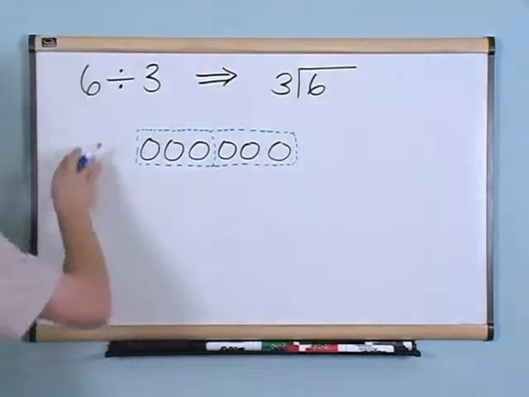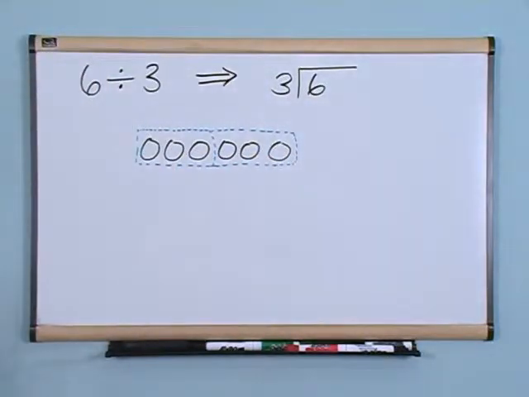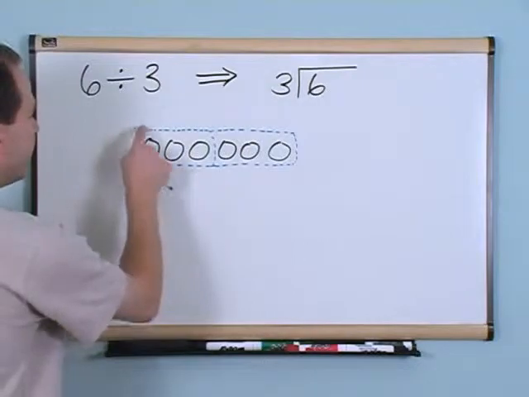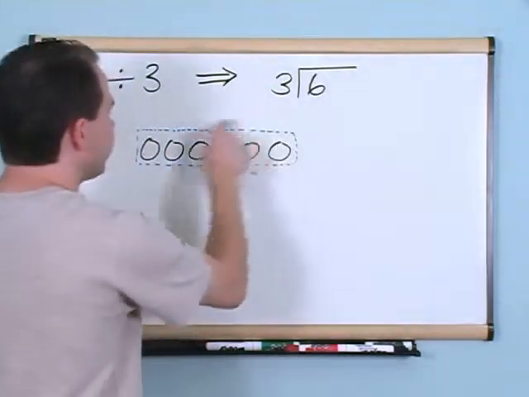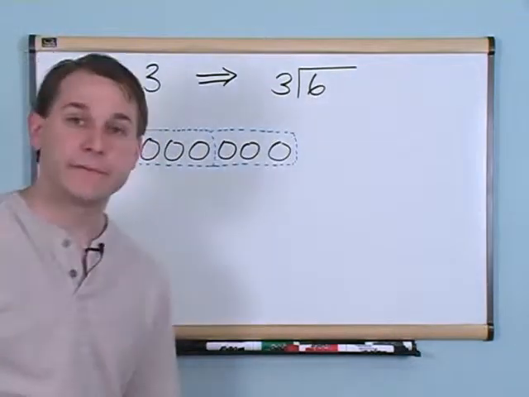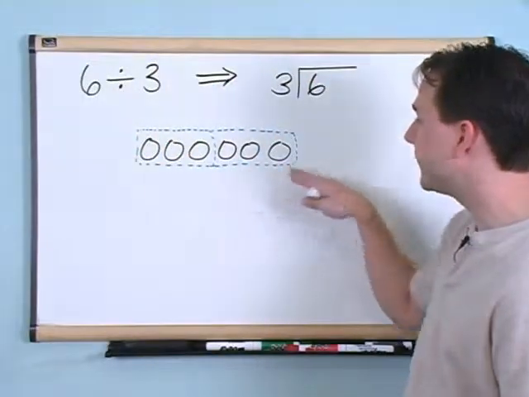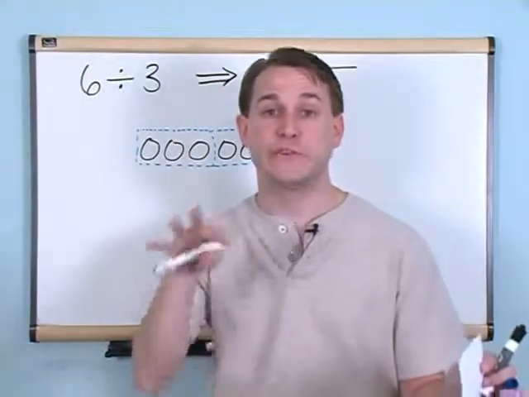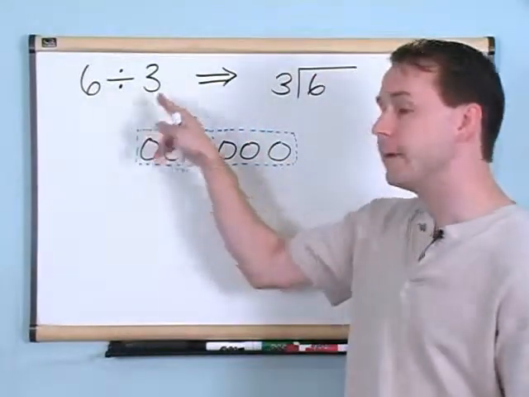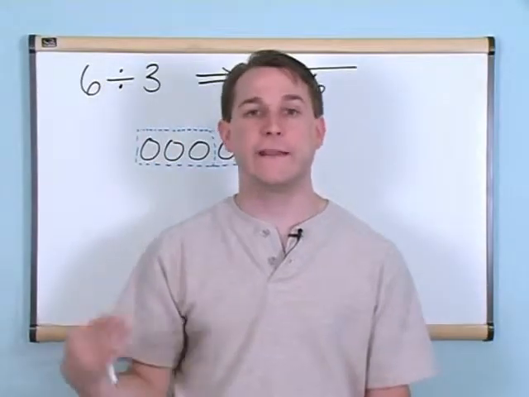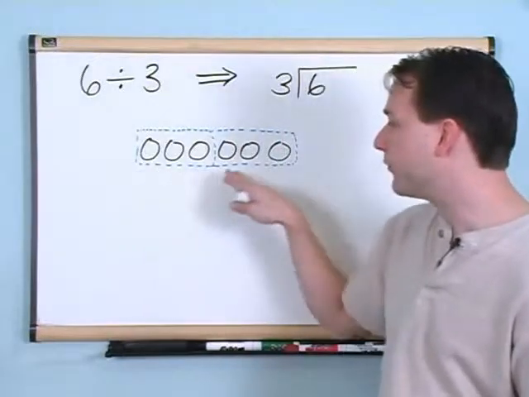So what it's asking me is, if I take the number 6 and I divide it up into groups of 3, okay, how many groups would I have? That's exactly what division is, okay? You take the number that you're given, and you chop it up into groups of however many you're dividing by, okay? And the question is, how many groups would you have?